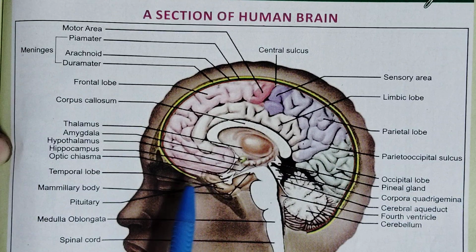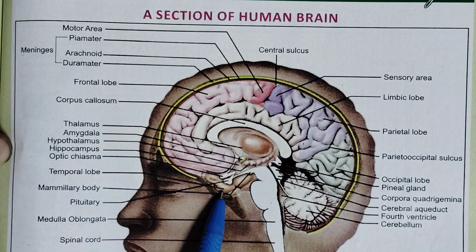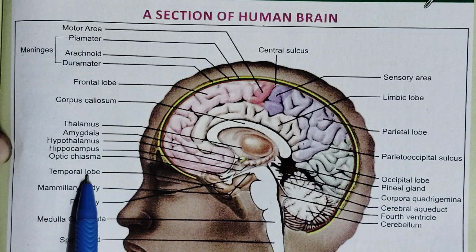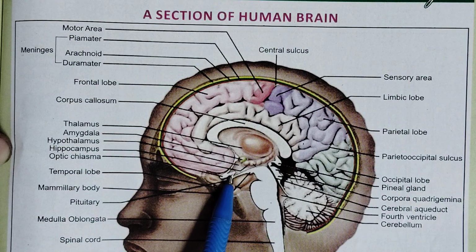Next is the temporal lobe. Below the optic chiasma, there is the temporal lobe.